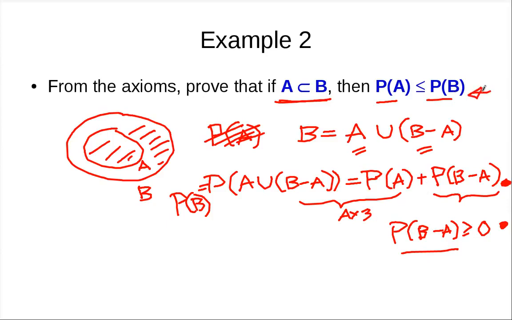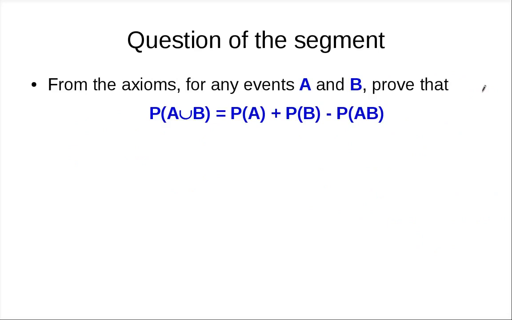All right, so my last question of this segment is this. From the axioms, can you prove that the probability of the union of the events equals the sum of the probabilities of the events minus the probability that they both occur?